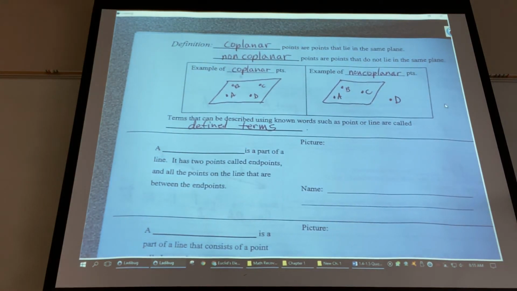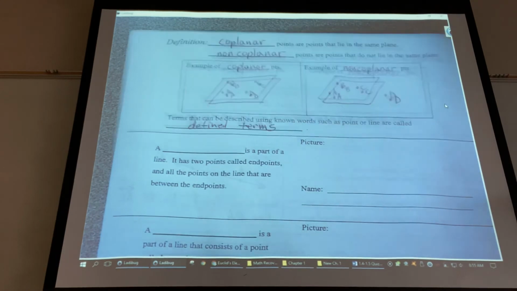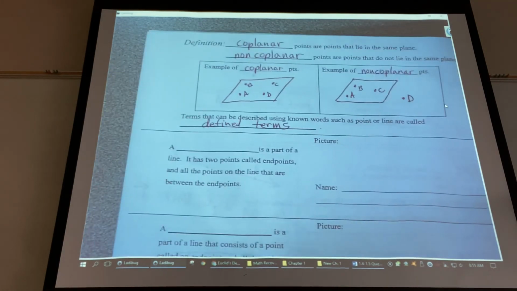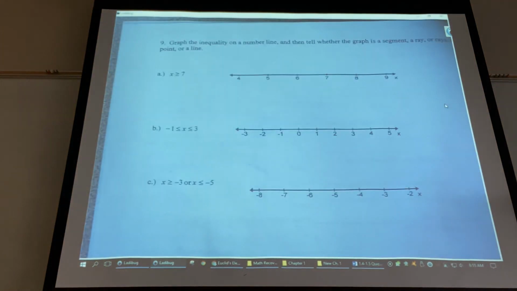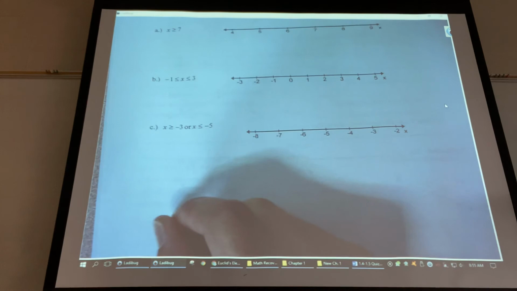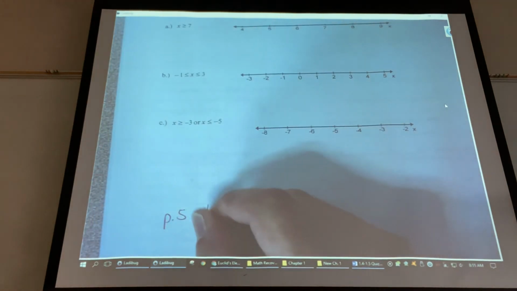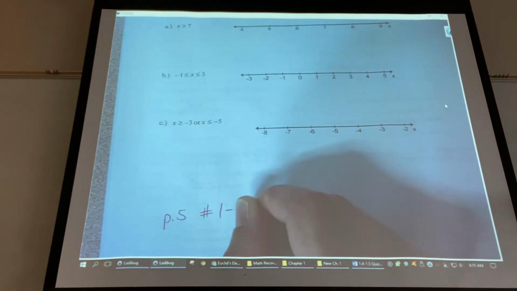And we're going to look at some defined terms tomorrow. So what I'd like to do is flip to the back real quick. Your assignment is going to be page 5, 1 through 45 odds.